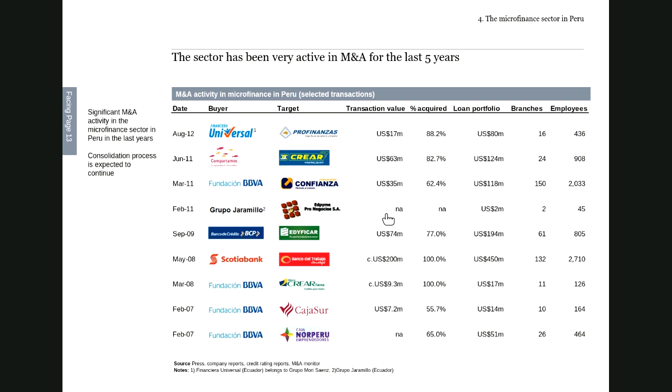And some figures related to transaction value, branches, employees. There were no multiples because I think there was not a lot of information available, but still, this is very detailed information prepared for a client to get to know the system, okay?